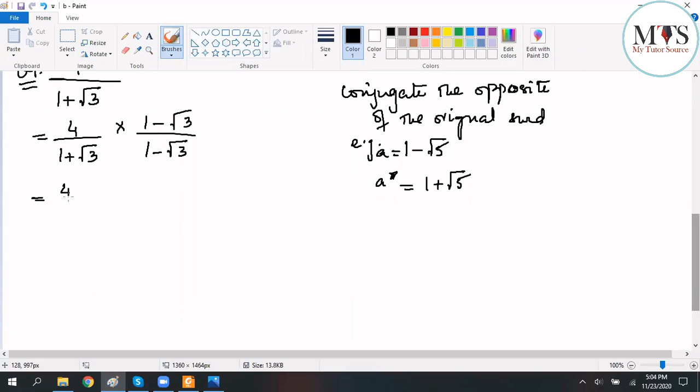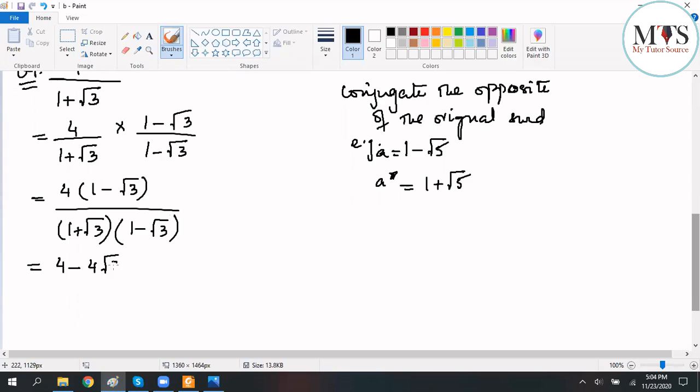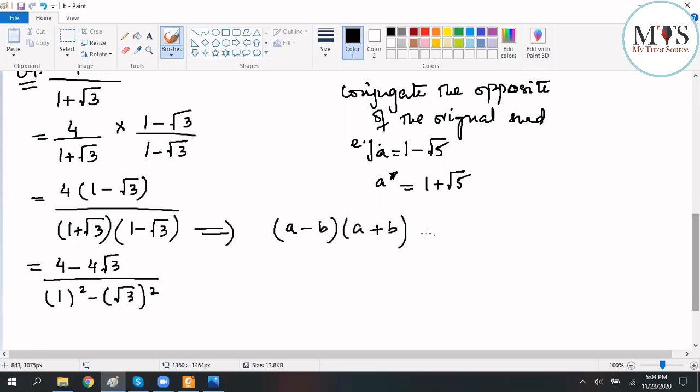Now this becomes 4 times 1 minus root 3 over 1 plus root 3 times 1 minus root 3. So this becomes 4 minus 4 root 3 over 1 squared minus root 3 squared. How I got to this step was, if you remember, a minus b times a plus b equals a squared minus b squared, right?